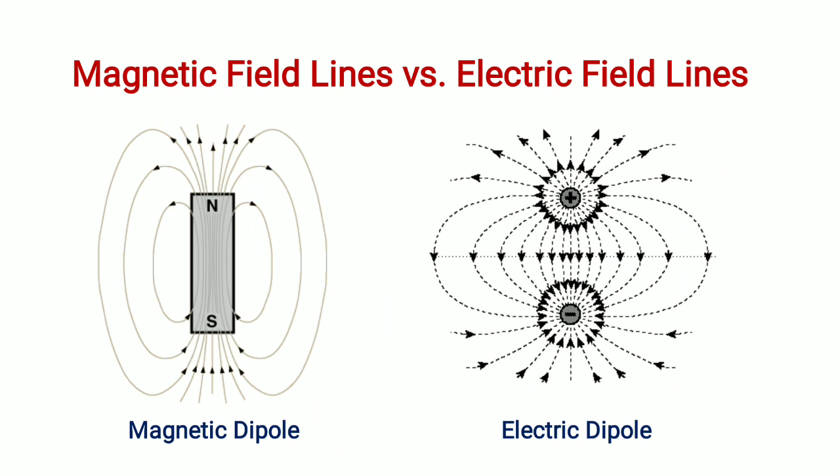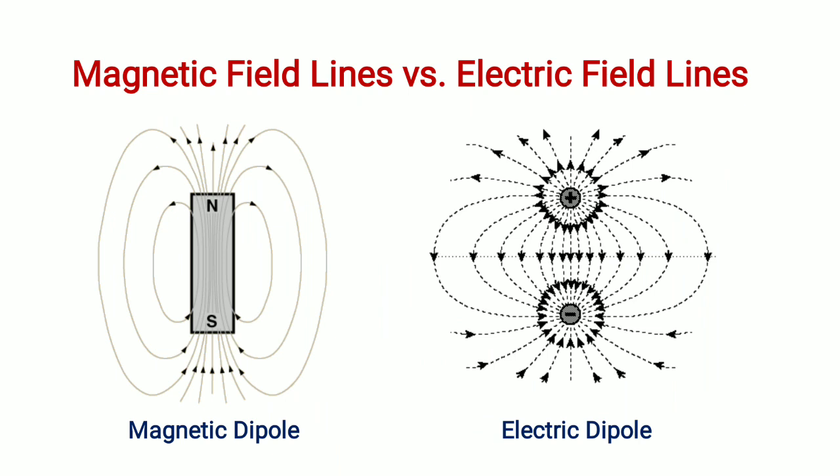I hope you are clear. Then as we already learned the properties of electric field lines, there are many similar properties for magnetic field lines. The only difference: for the electric field, we learned the direction is from positive to negative.